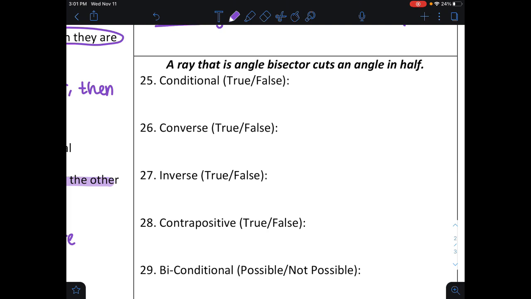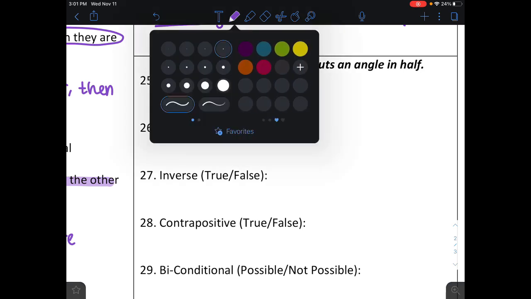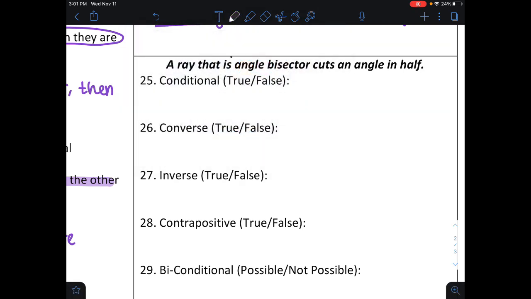Next, a ray is an angle bisector. A ray that is an angle bisector cuts an angle in half. Supposed to say and. Okay, so the conditional, let's write it.